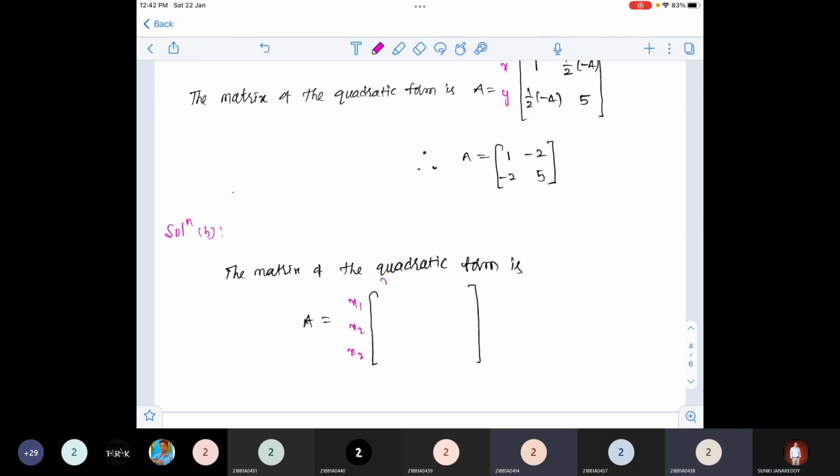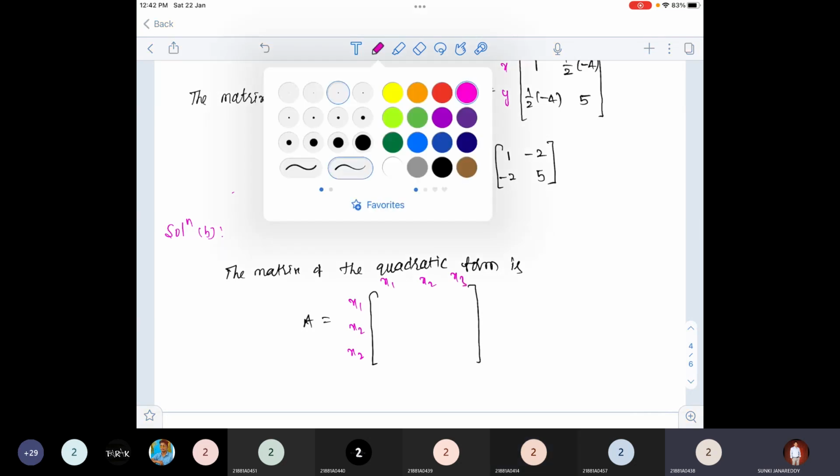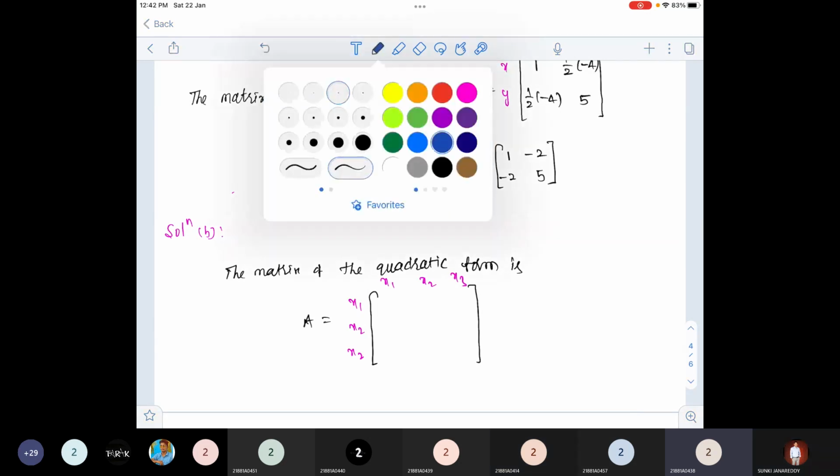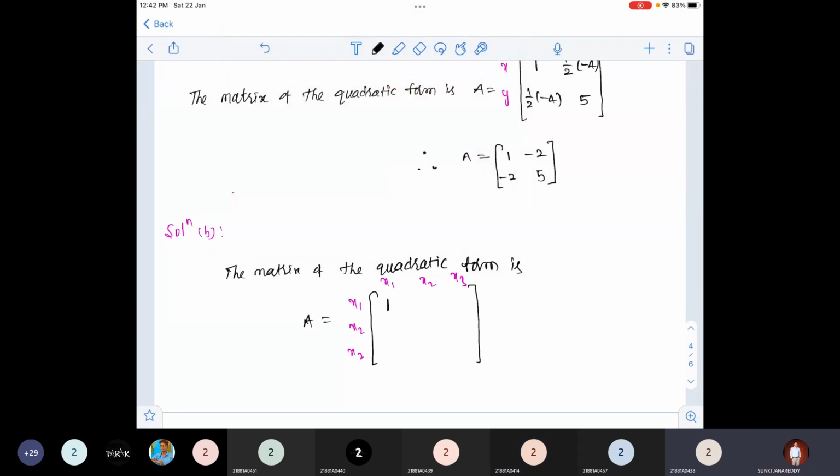Now tell me first the x1 square coefficient. 1. What is x1 x2? 1 by 2 into the x1 x2 coefficient, that is 2. Next, what is the x1 x3 coefficient? 1 by 2 into minus 6, minus 6.